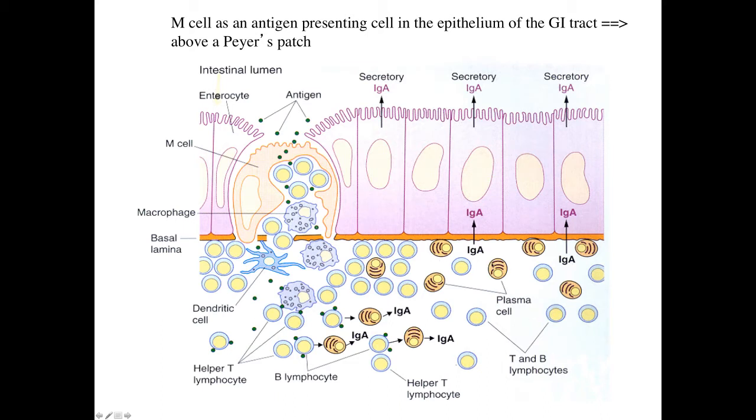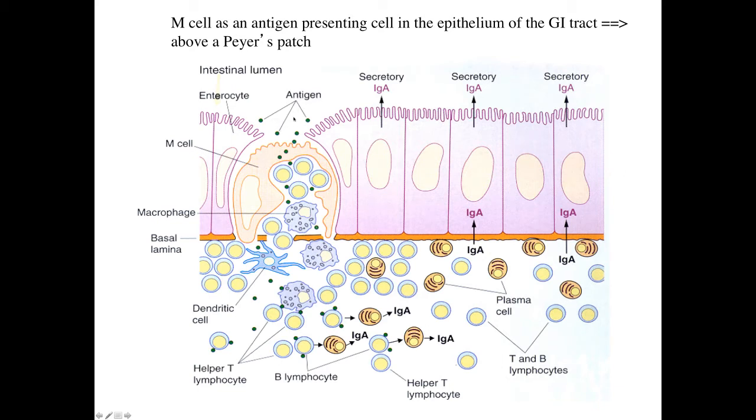As you would imagine, these cells secrete IgA antibody, which is transcytosed by the epithelial cells into the lumen of the GI tract, where you have these large clusters of lymphoid cells. You'll often see these very large cells in the epithelium itself. This is a modified cell, an M cell. It functions as an antigen-presenting cell.